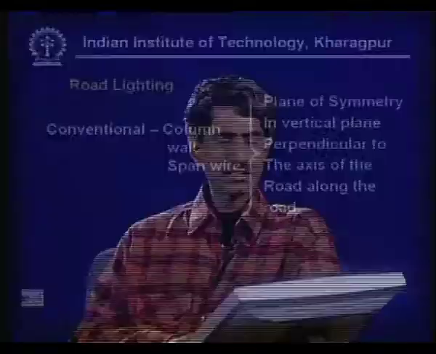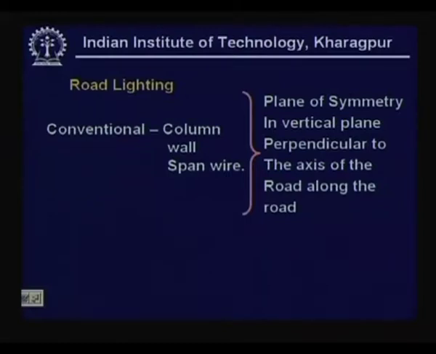And now coming to road lighting, there are various ways. You have a column of lights, that is, lamps mounted on poles on one side of the road or on either side across. If there are some walls, you mount them on the walls, or you have it in the form of a catenary in the middle of the road suspended by two poles on either side.